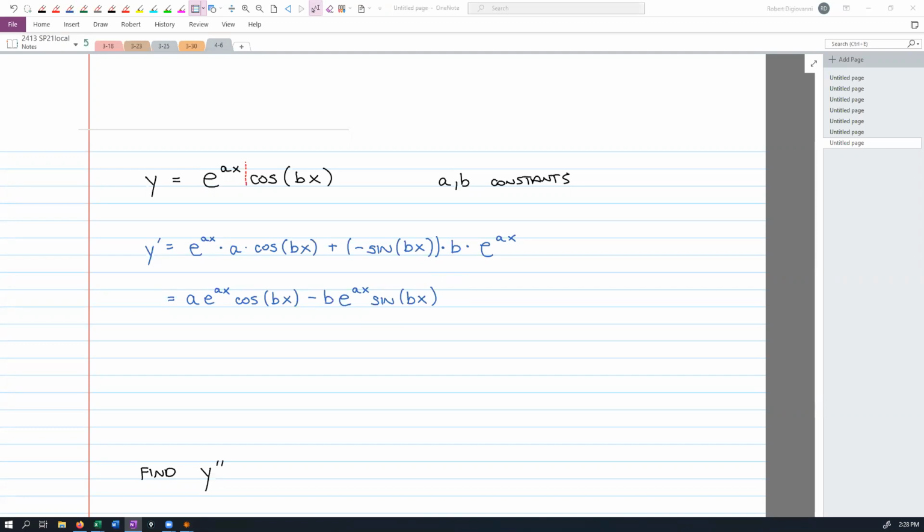You can try and look at what I did and see if you can make sense out of where every piece came from. I haven't even started the second derivative, but I'm going to stop here and talk to you all in about a minute.